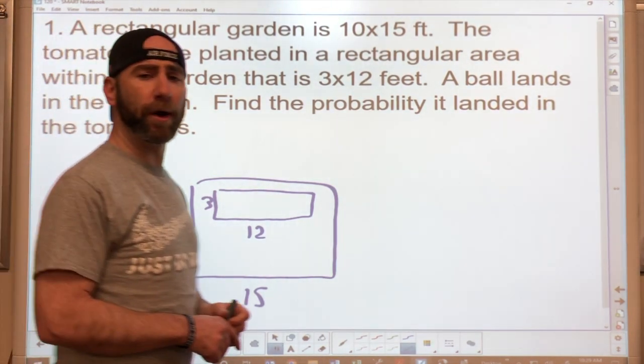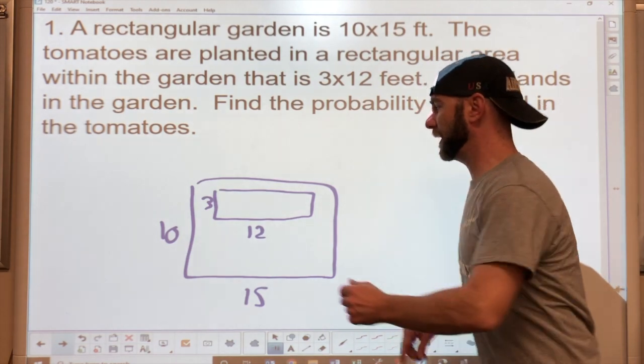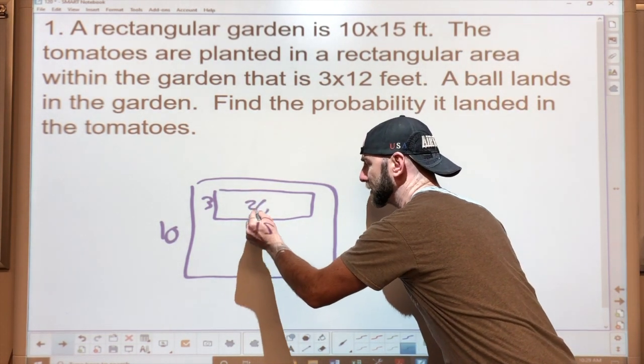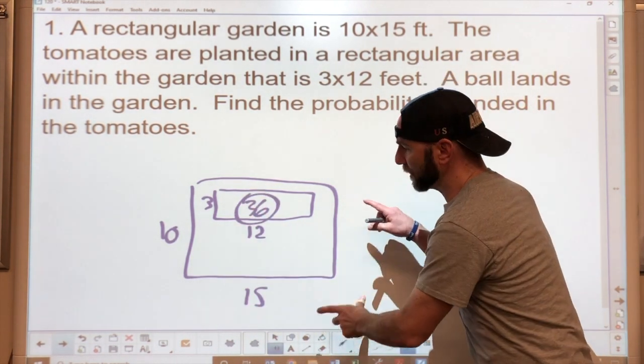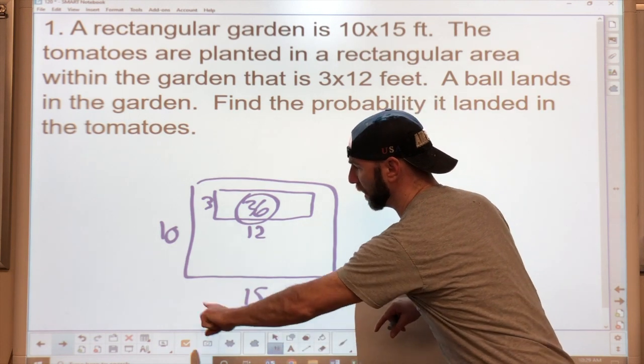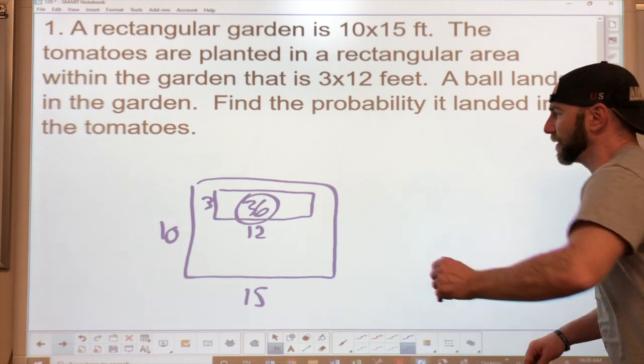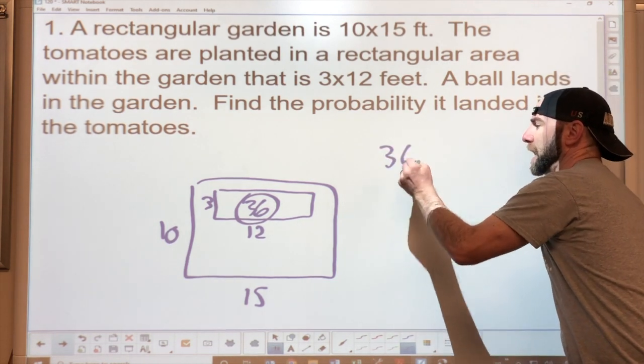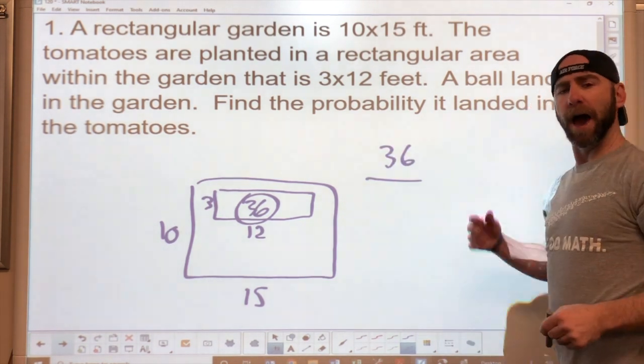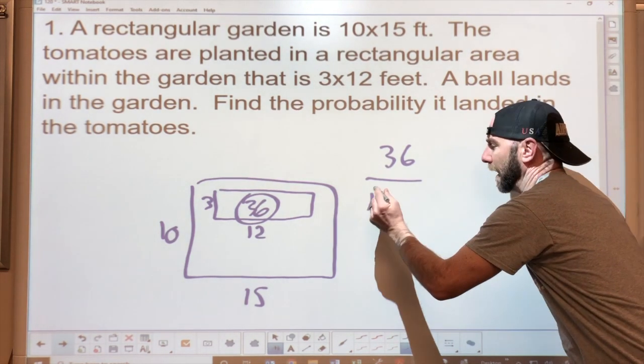So what we're going to do is find the area of the tomatoes, which is 36 square feet. But the entire garden is 150 square feet. So the probability of the ball landing in the tomatoes is 36 out of 150.